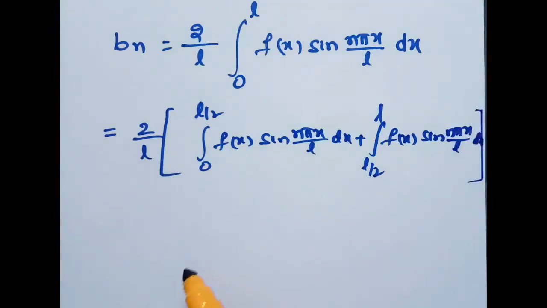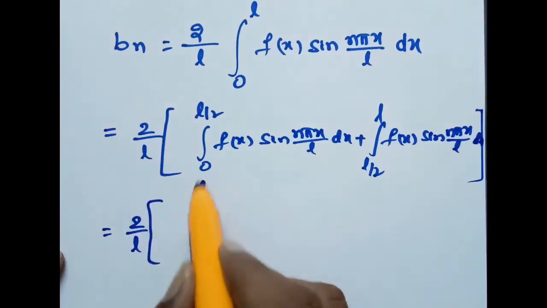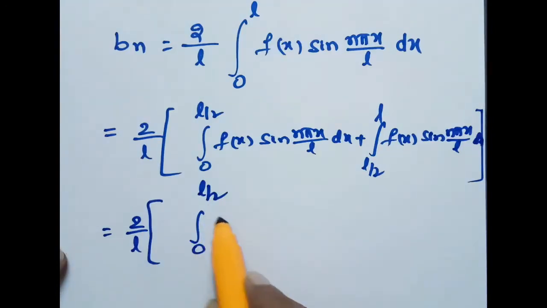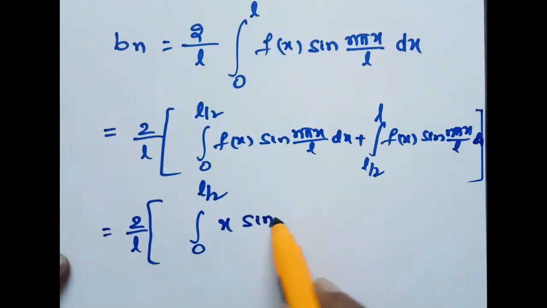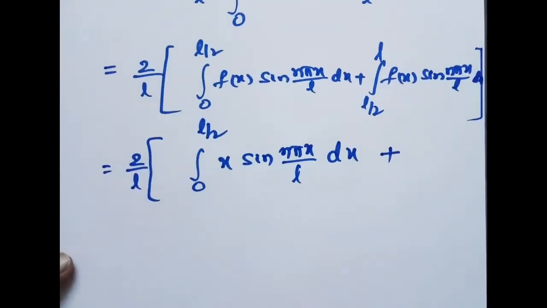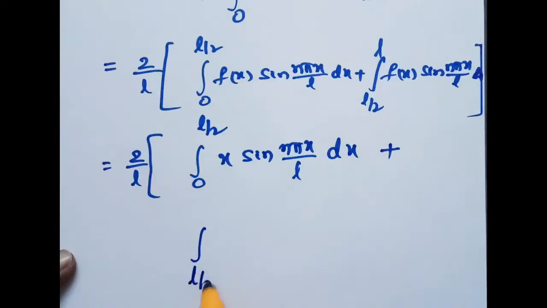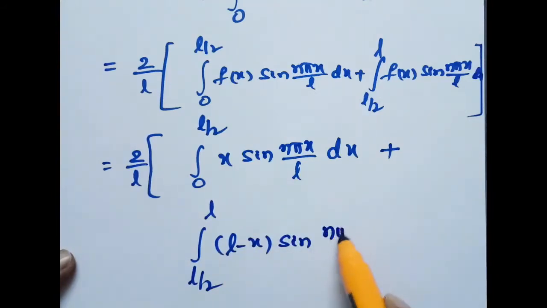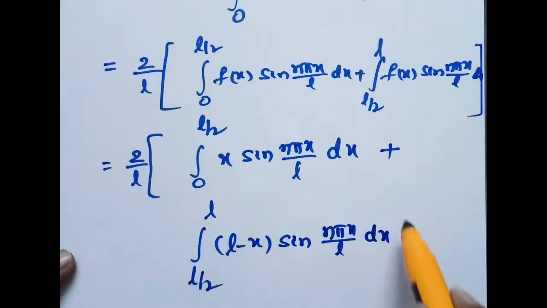Since the function is given in two subintervals, this can be written as 2 by L into integral 0 to L by 2 of x into sine n pi x by L dx plus integral L by 2 to L of L minus x into sine n pi x by L dx.